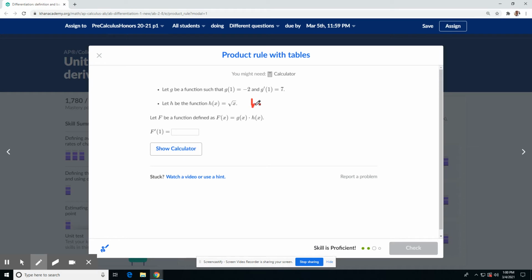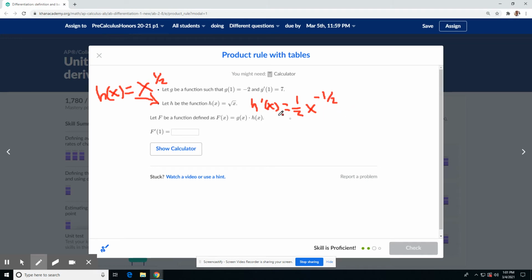So I'd say h prime of x is equal to, note that h of x is equal to x to the 1/2. So a lot of these things I do in my head, so I just want to make sure you're seeing what's going on here. Exponent goes out front. If I subtract 1 from 1/2, that leaves -1/2.